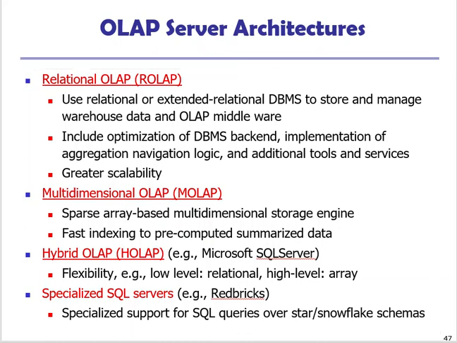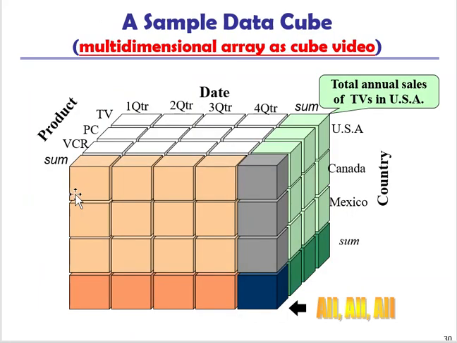If we recall the multidimensional array representation of a data cube, you can see the data is already aligned very well in its place. Computing the values is really efficient. We don't need a lot of complex join operations to put data together.